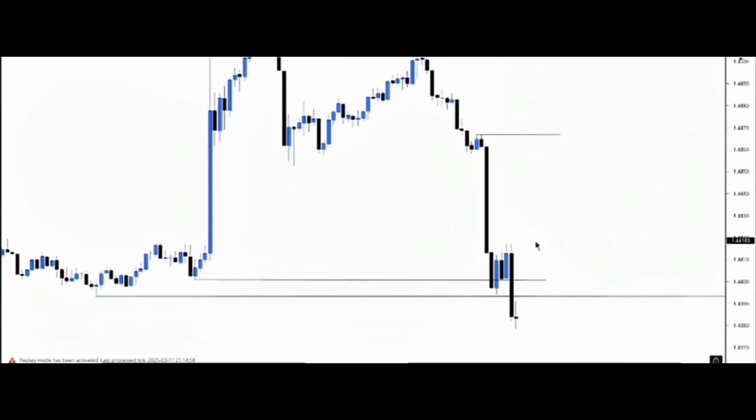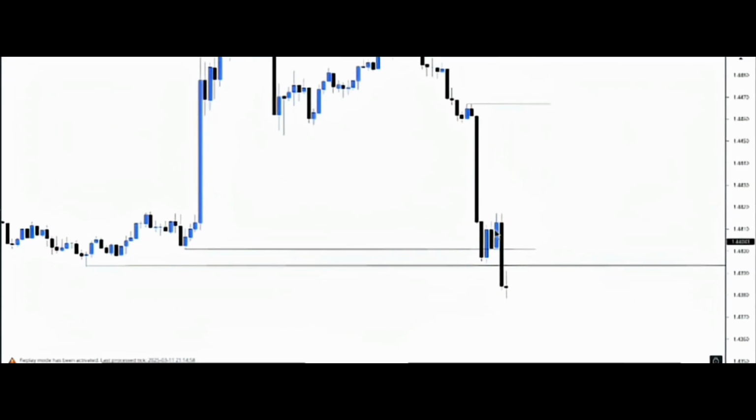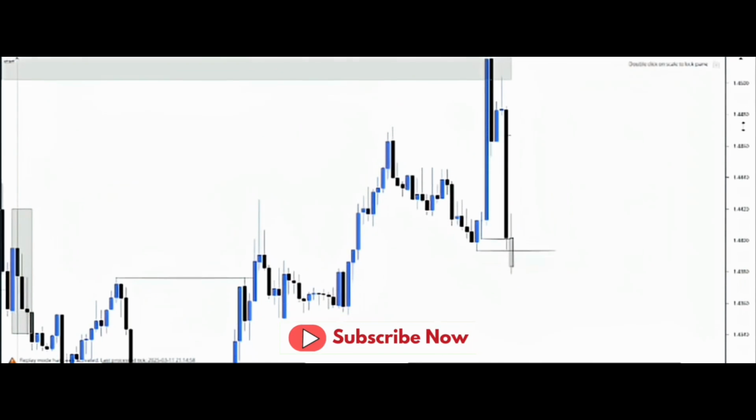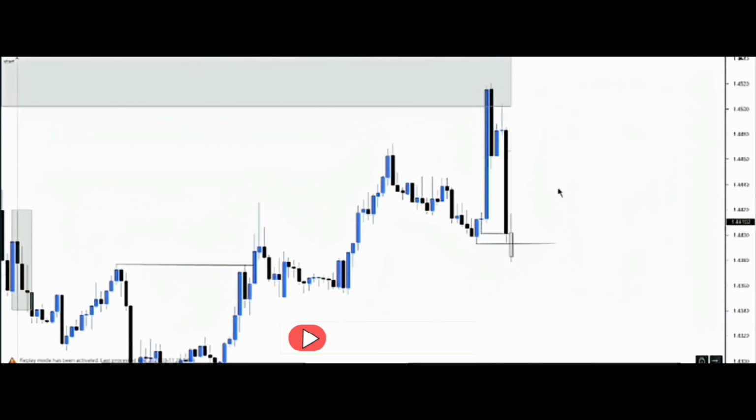Okay, so price did not go to take out that inducement. Rather, it took out this 1H chalk. Now, this is very important for you to understand. Let's get back to the 1H and let me show you what I want to show you. Look, price has taken out the 1H chalk. After chalk has been taken out, you want to see a retracement.